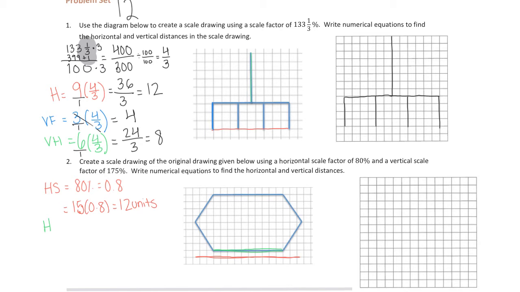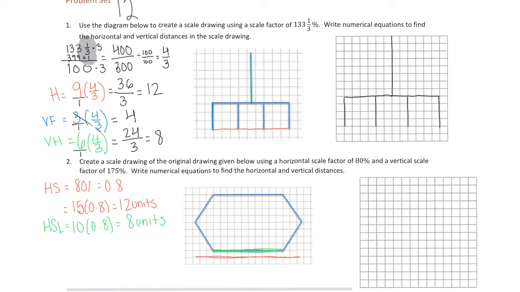Okay, so I'm going to have this as the horizontal length, or maybe we should call it the segment length. We know that there's 10 units here, and so we're going to multiply that by 0.8. Now 10 times 0.8 is going to give us 8 units. So when we draw this again, we're going to have 8 units here.